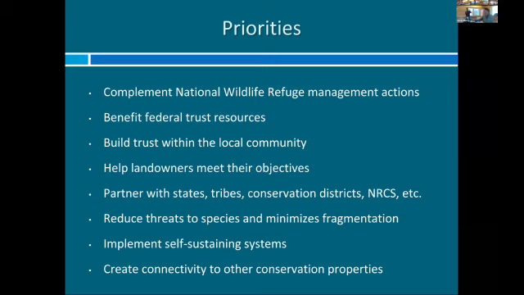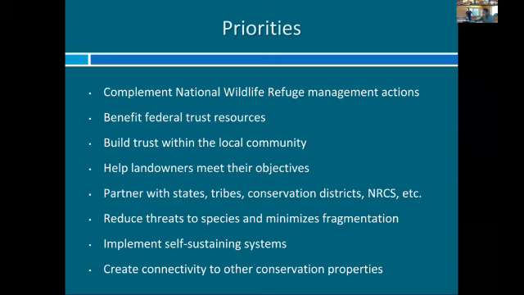That's gonna get you a lot of points right there. If they have their comprehensive management plan within that particular refuge, and we're able to do something adjacent or within a reasonable landscape that's gonna benefit the species they're focusing on, implementing similar practices or reducing threats to the refuge, that would be huge.